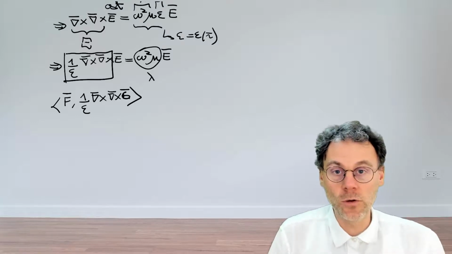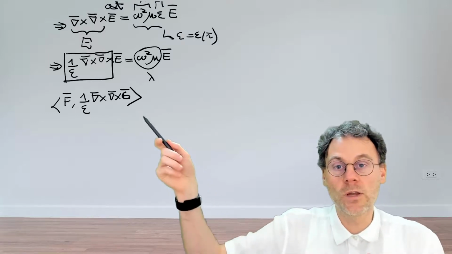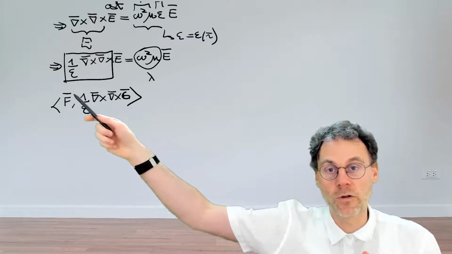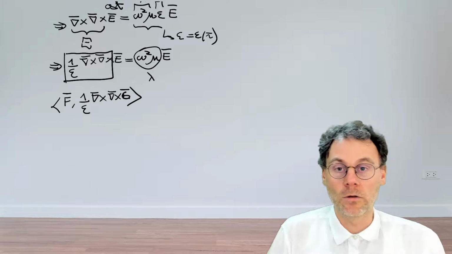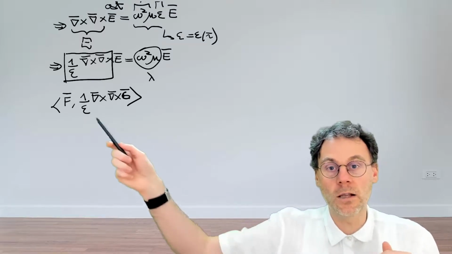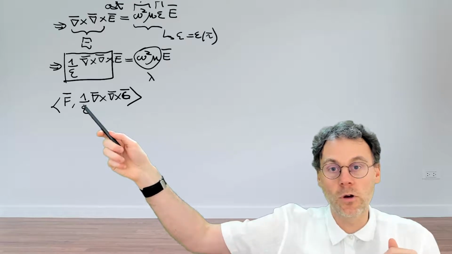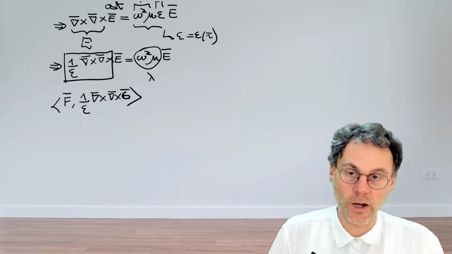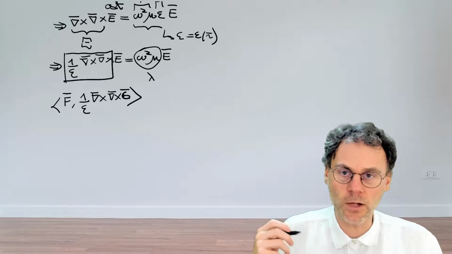Now what we will be doing is trying to reassemble this operator, moving it from the second factor to the first factor. And the first layer of the onion, the outer layer that we're going to tackle, is this 1 over epsilon. We're going to pry that away from the second factor and try to move that to the first factor. Now the question is, can we do that?